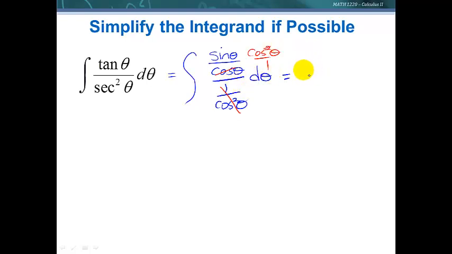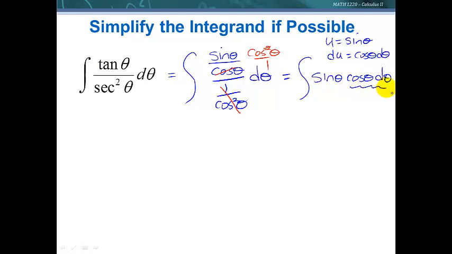And so that just leaves me the integral of sine theta cosine theta d theta. And then this one will be easy to do if I let u equal sine theta, and du then is cosine theta d theta. So we can see that this one is the derivative of this.